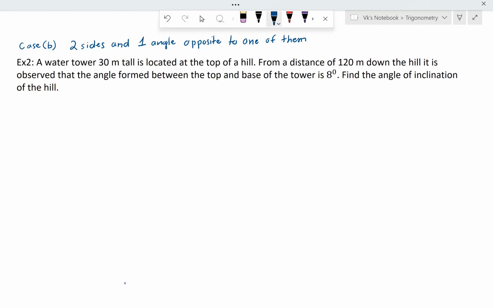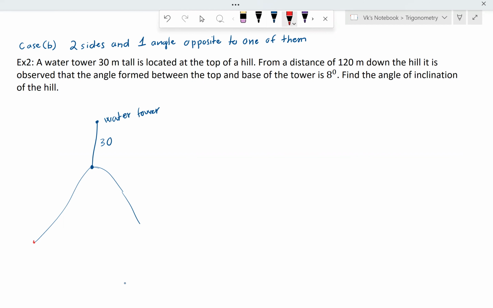Pretty nice problem. Let's sketch out the hill. So hillsides look like this. All right. And up there, ta-da, we see that we have a water tower. And it is 30 meters tall.